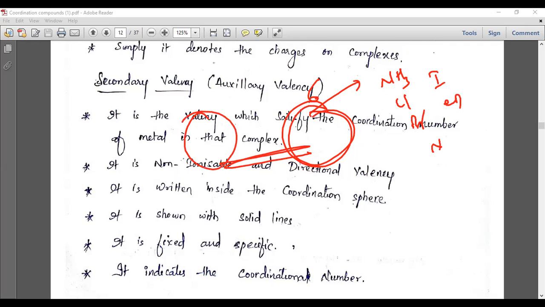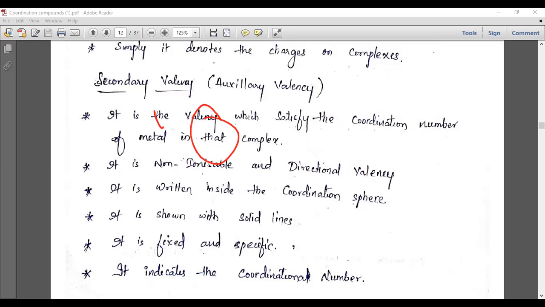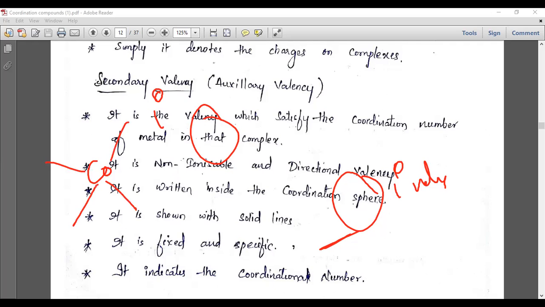That is the secondary valency. But what about the primary valency? The primary valency is outer to this coordination sphere. This primary valency is ionic valency, and it does not have a particular direction. You can draw it anywhere. After completion of the secondary valency, you can write it anywhere, like this. You can write three chlorines like this.